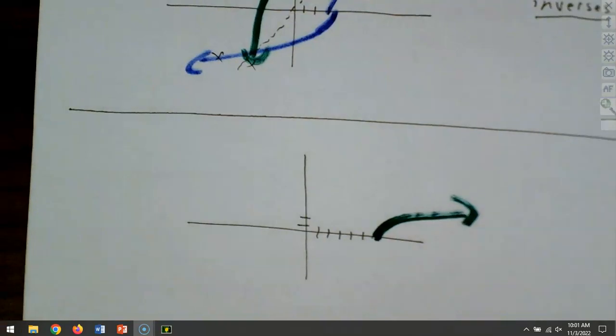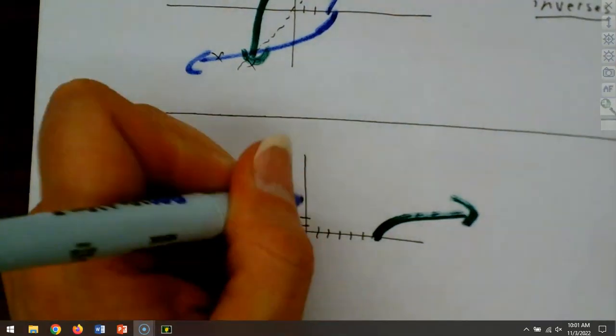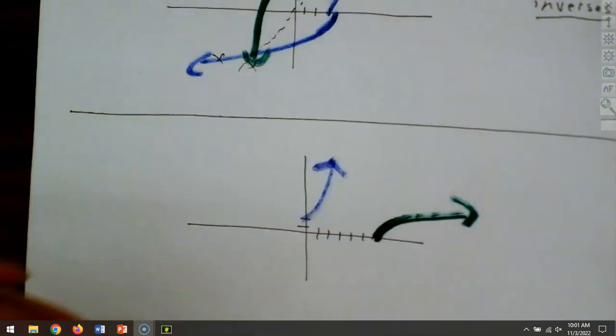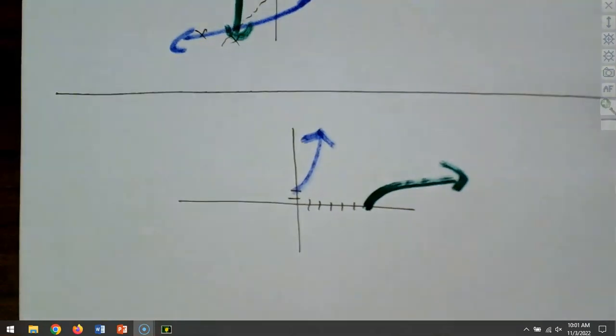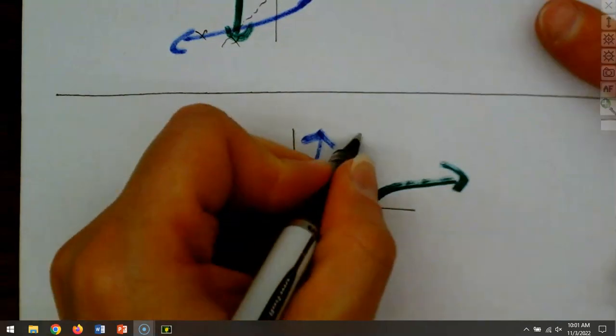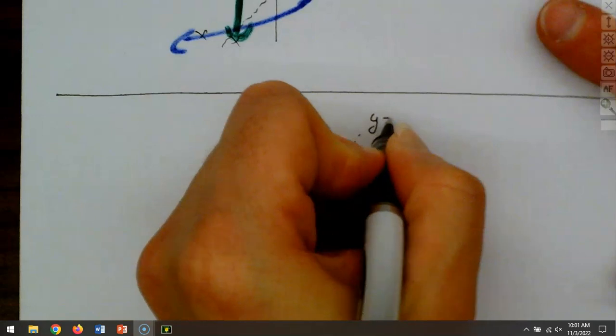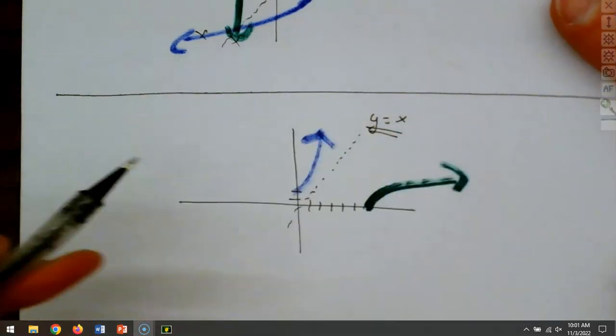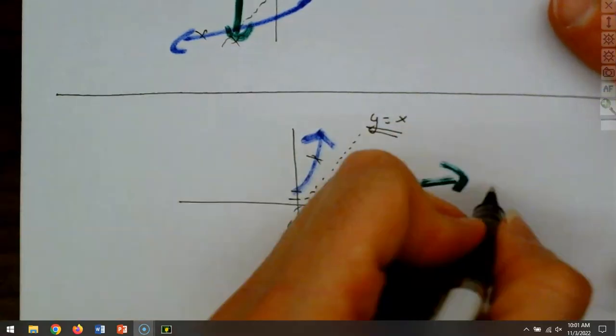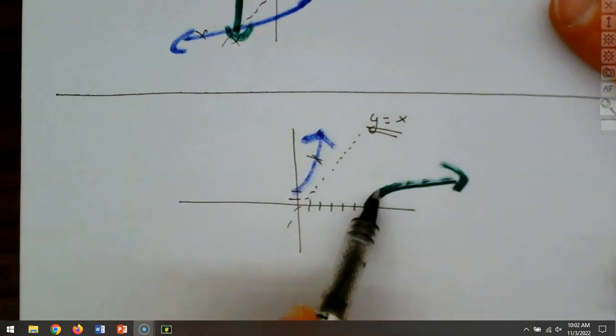So here's two new functions. And why would these not be inverses? Well, these are not going to be inverses because if I drew my dotted line here, and this is always the same, y equals x, if I'm here, does it match up with this over there?